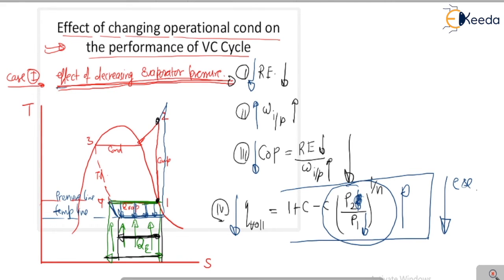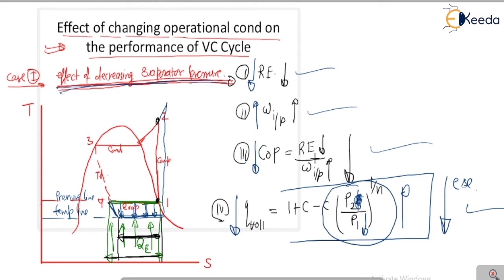In any question at GATE level or engineering service examination level, if the examiner asks what the effect of decreasing evaporator pressure is, you have to answer that refrigeration effect decreases, work input increases, COP decreases, and volumetric efficiency also decreases.